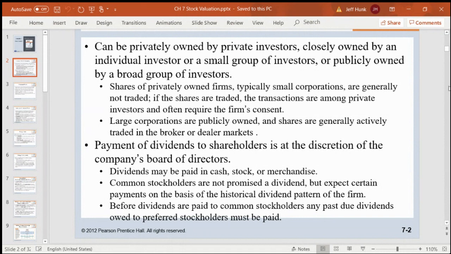If you own 51% of the shares, you can always do whatever you want. But if you are a minority shareholder, there's nothing you can do about it.